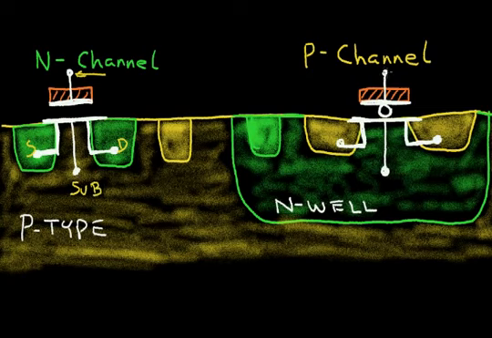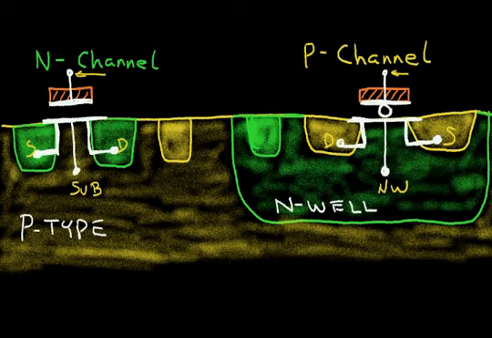Over on the P channel, this symbol is virtually the same, except I have a little bubble to denote that the voltages are inverted from the N channel case. So here we have the gate. We can call this the source, this the drain, and this is the N well connection.